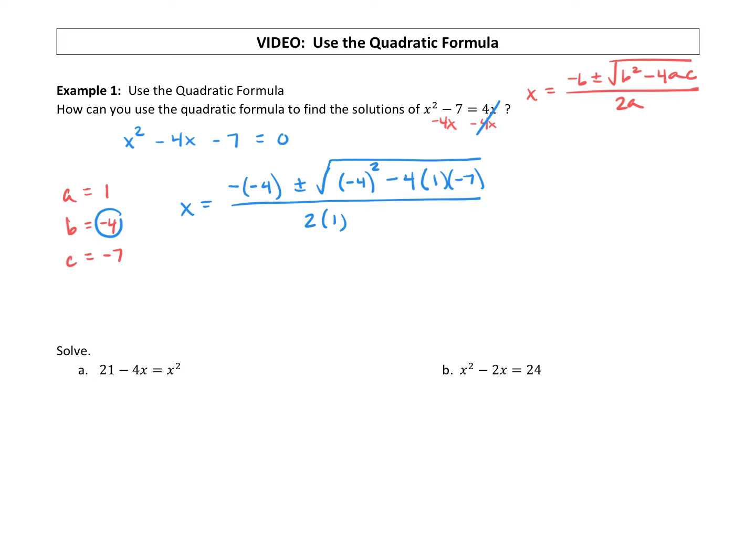All right, so where do we begin simplifying this? Well, why don't we take care of this double negative? That negative 4 does turn positive. So we have a positive 4 plus or minus the square root of something. So we are going to figure out what this number is.